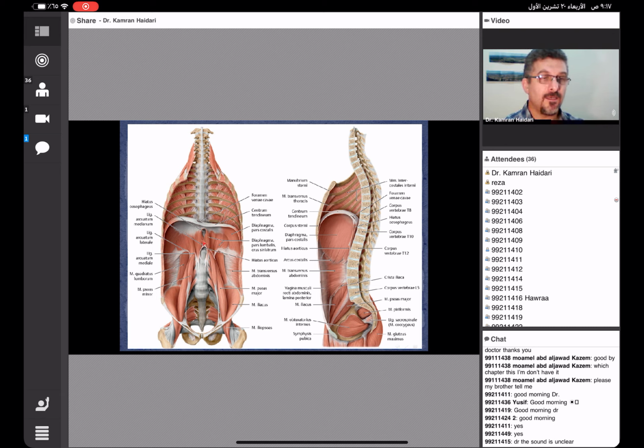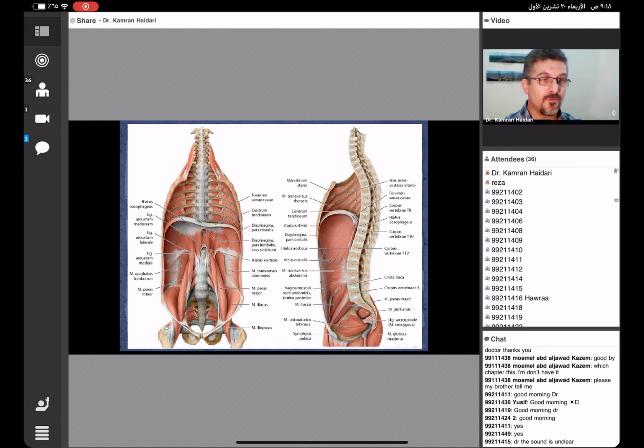They are the crura of the diaphragm. Left crus, right crus. And the muscular fibers of the right crus encircle a foramen. This foramen is the esophageal hiatus or orifice, like the foramen for the inferior vena cava.